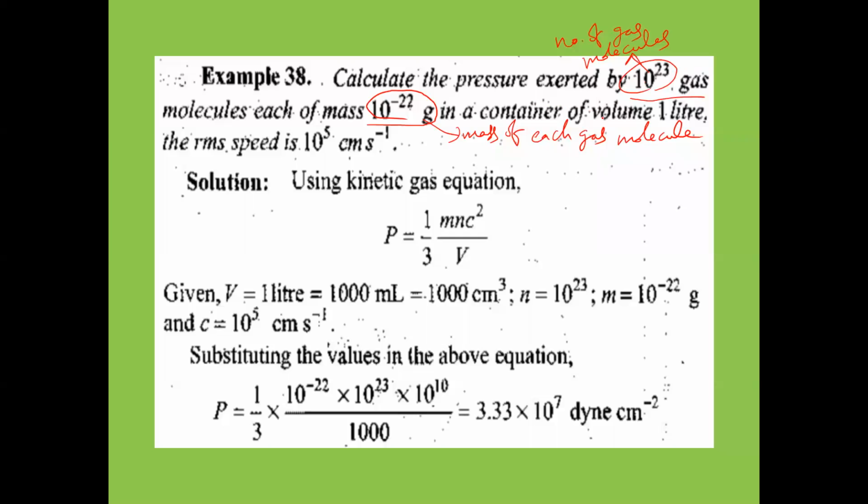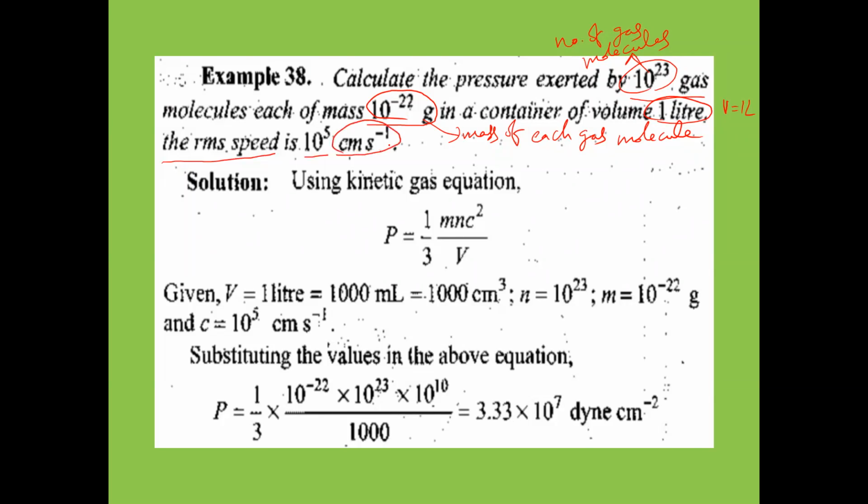The gas is in a container of volume 1 liter. So what is the volume given here? V is equal to 1 liter. Also they give the RMS speed of the gas, 10 power 5 centimeters per second.